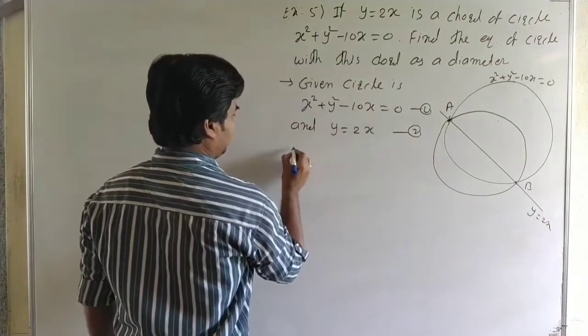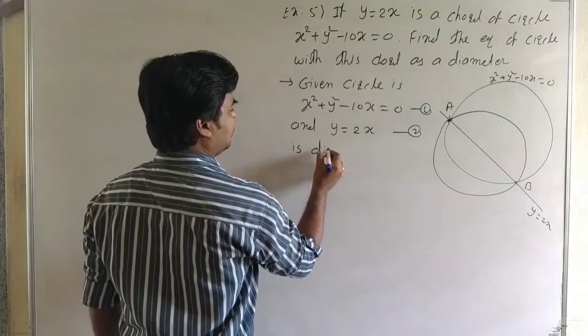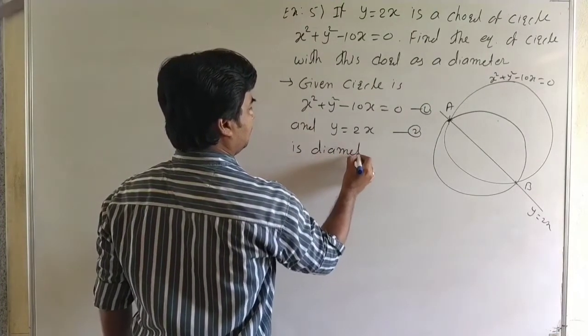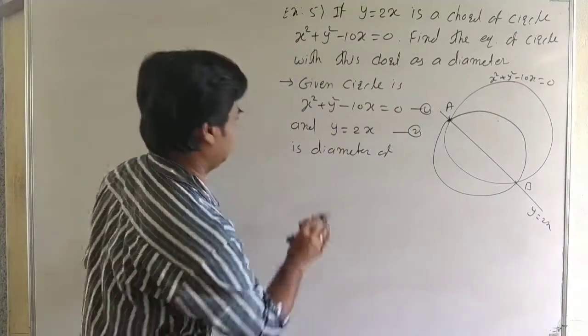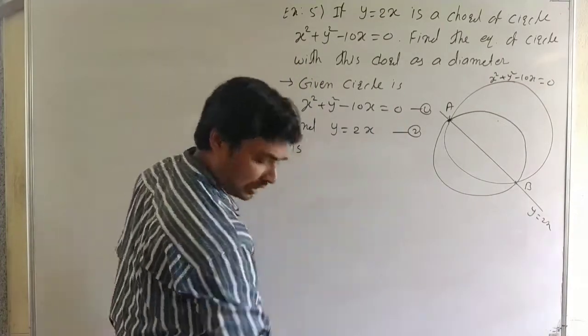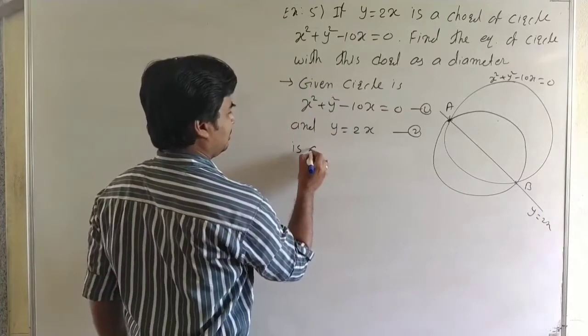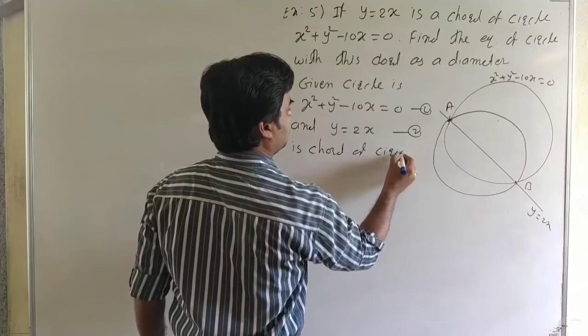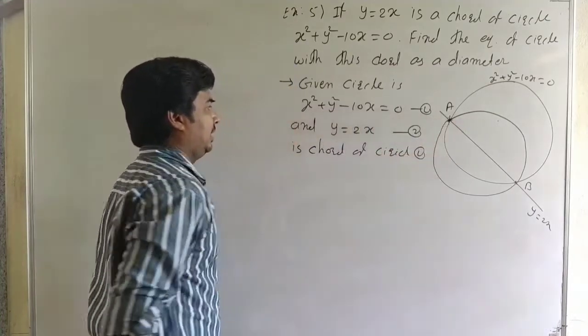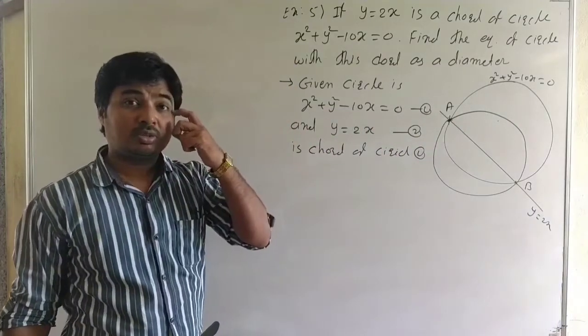Y is equal to 2x is a chord of circle 1.